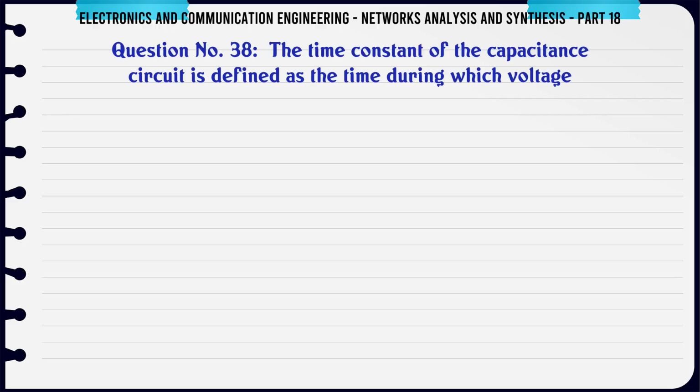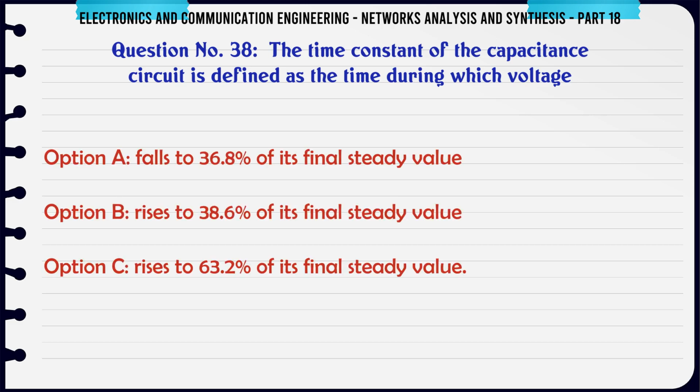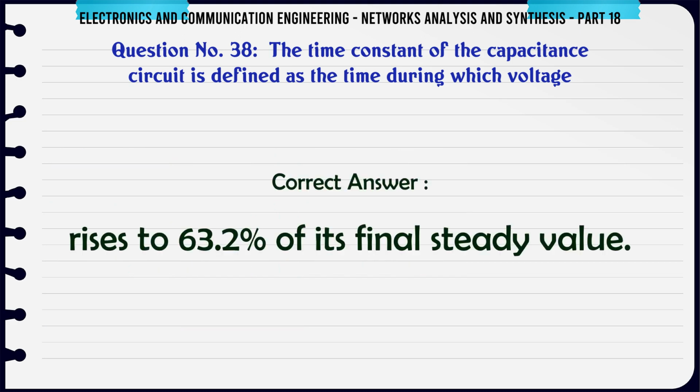The time constant of the capacitance circuit is defined as the time during which voltage A, falls to 36.8% of its final steady value; B, rises to 38.6% of its final steady value; C, rises to 63.2% of its final steady value; D, none of the above. The correct answer is rises to 63.2% of its final steady value.